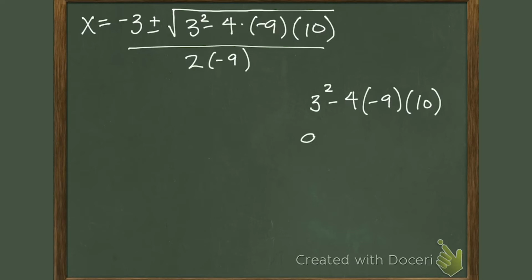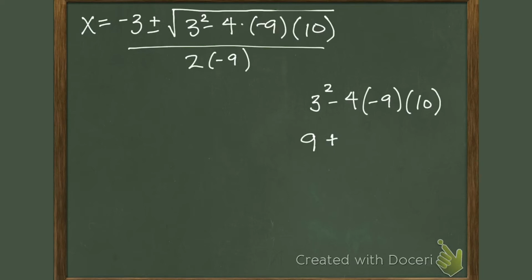So 3 squared is 9. All right. Negative 4 times negative 9 times a positive 10 is going to end up with a positive number. Negative 4 times negative 9. The reason I mess up with my negatives a lot, so I always say that this 4 is negative when I'm multiplying, because it's a minus, so it means it's negative.